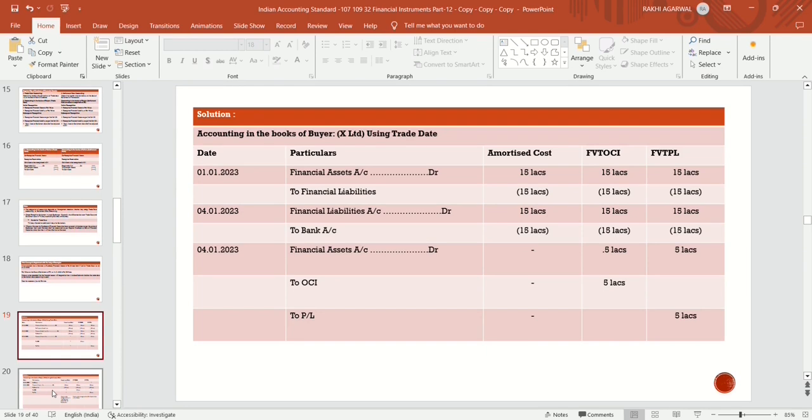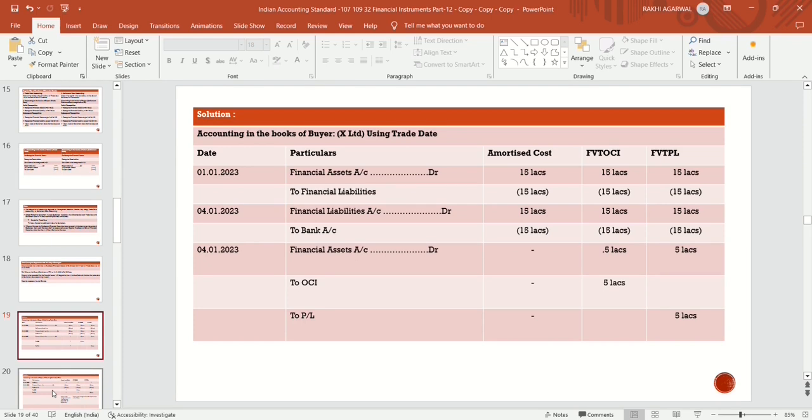But in case of FVTOCI and FVTPL, we will pass two entries. Firstly, on 4th January 2023, financial liability account debit to bank by 15 lakhs, and because the fair value on that date is 15.5 lakhs, that 0.5 lakhs, that is 50,000, is transferred to OCI or P&L.